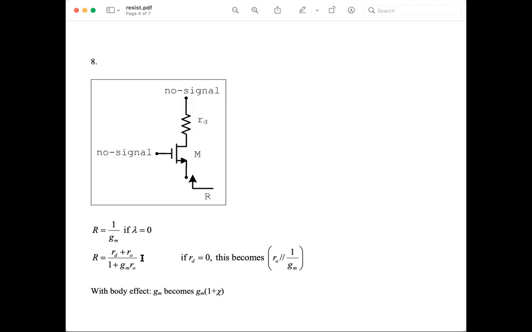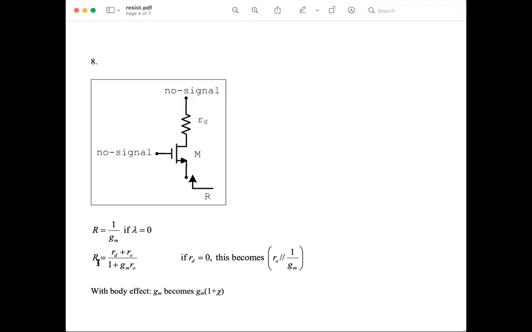What is Rd for Q2 in the cascode? Q2 in the cascode had a current source between its drain and the supply. And this current source we assumed was ideal. So the small signal output resistance of a current source when it's ideal would be infinite. So this small Rd in the case of Q2 in the cascode would be infinite.